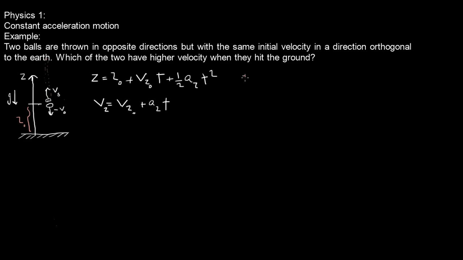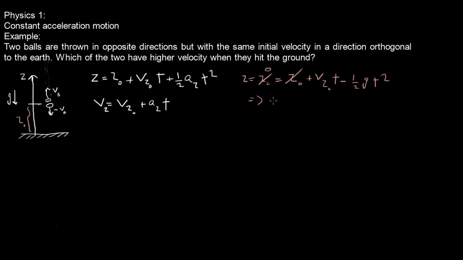So let's say when Z of the top particle is equal to Z0, I write this equation: Z0 equals Z0 plus VZ0 t plus AZ, which is negative g because g is downward, so negative half g t squared. If I cancel Z0 on both sides, then I have this equation.